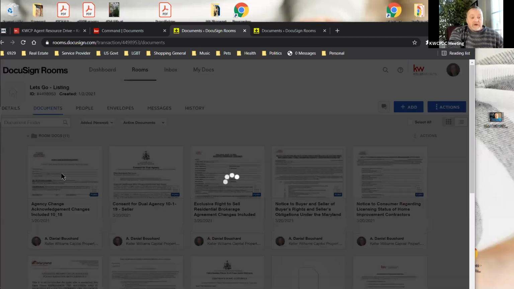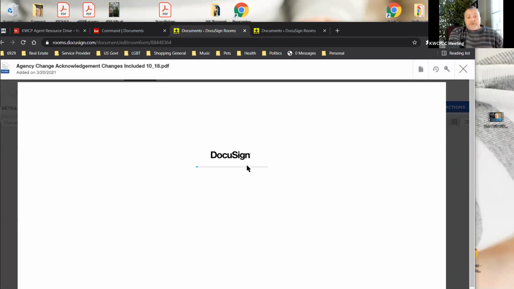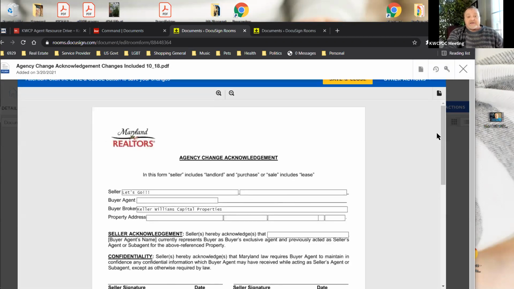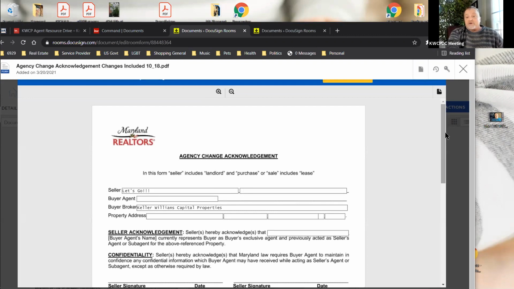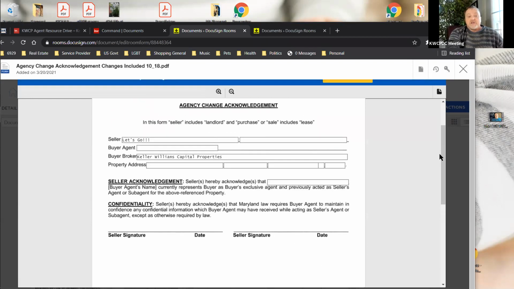When you open this document up, this acknowledges to the parties that this is a document you're going to use, and it's going to be a communication from you as the buyer's agent, because now you've converted yourself into a buyer agency agreement.